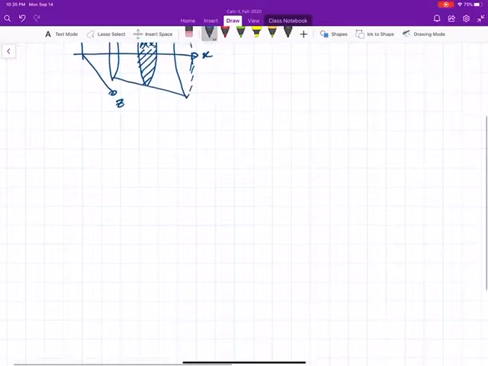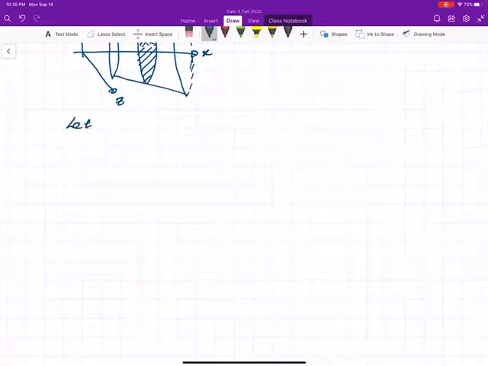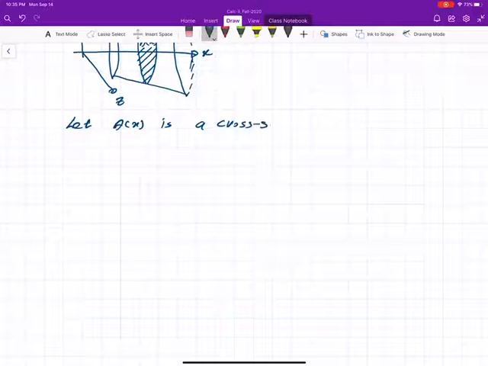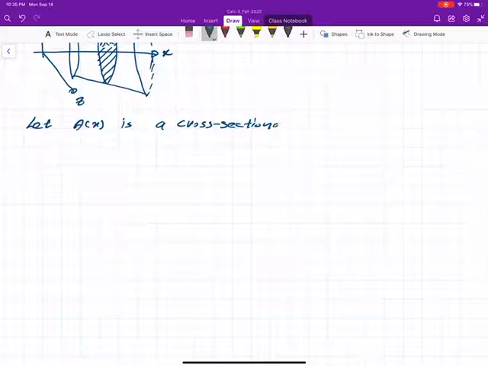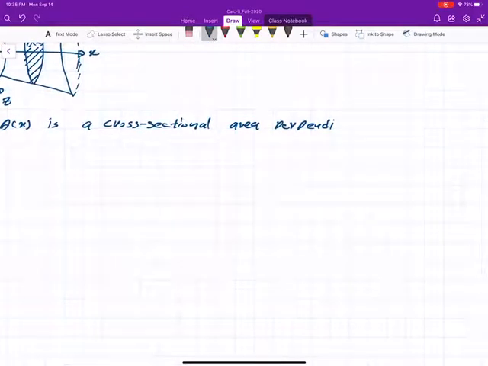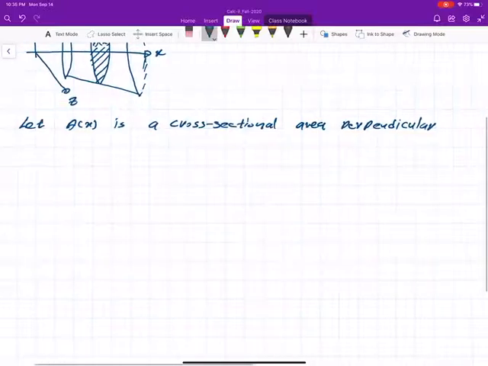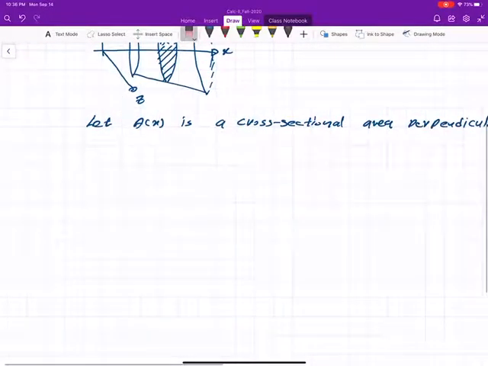Let A of x be a cross section, let's say a cross-sectional area perpendicular to the x-axis.